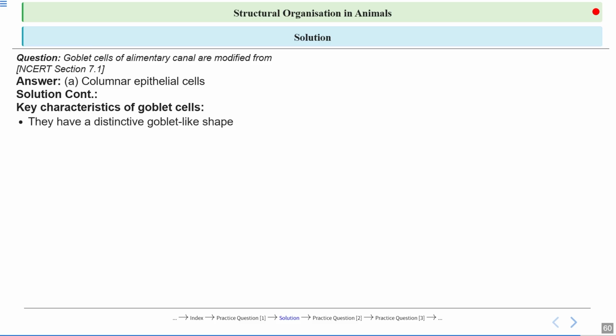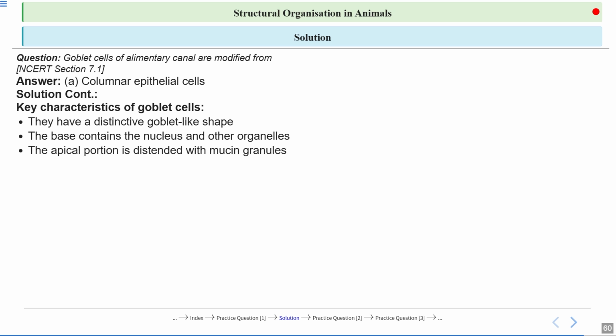These goblet cells have a distinct goblet-like shape, that is why they are called goblet cells. The base contains the nucleus and other organelles. If you see the cell structure, they have the nucleus at the base. The apical portion is densely filled with mucin granules, and they secrete mucin, the main component of the mucus.